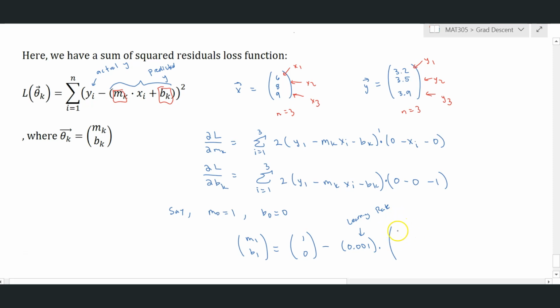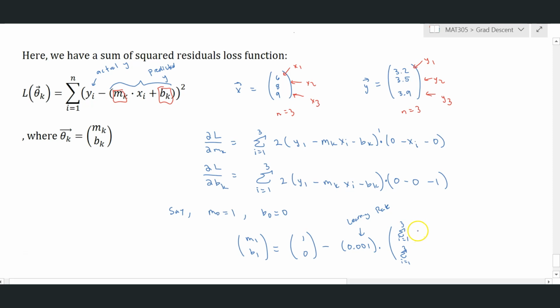And so now inside of here, I'm not going to rewrite the whole thing, but we'll have the derivative of L with respect to m0. Well, maybe I will go ahead and write it in just so you can see what the computation is. So it's just going to be the sum from 1 to 3 for both of these.